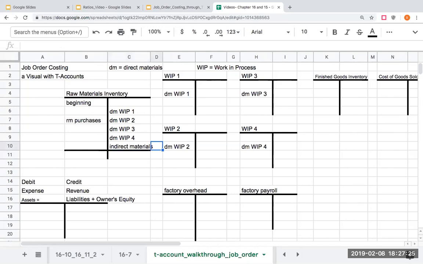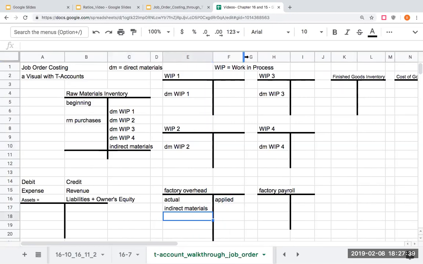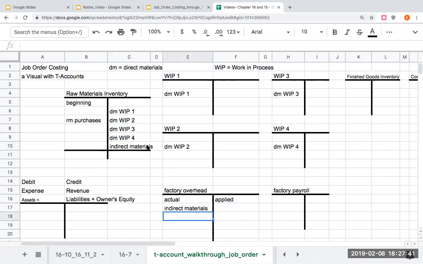Where exactly do indirect materials go? When we go to factory overhead, I put them under my actual factory overhead, because this is the amount of materials I actually used. So in terms of indirect materials.